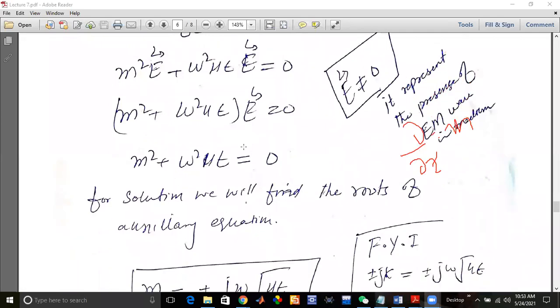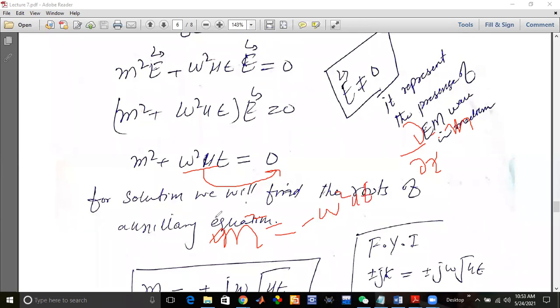If we move this quantity to the other side, there will be a minus, so it becomes m square is equal to minus omega square mu epsilon.